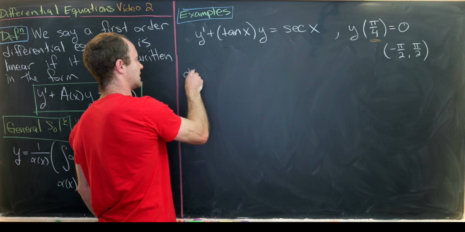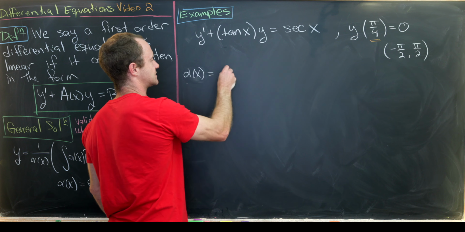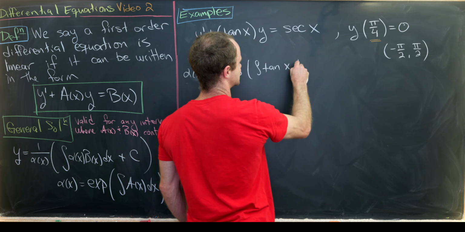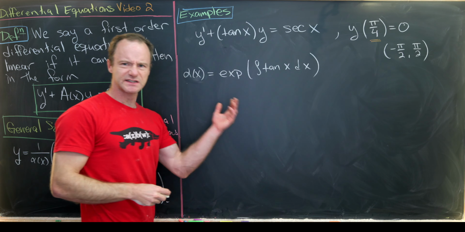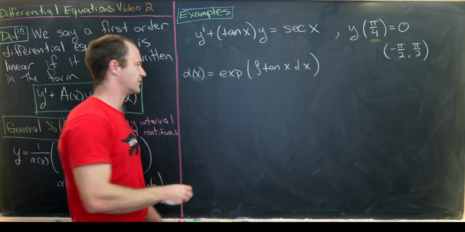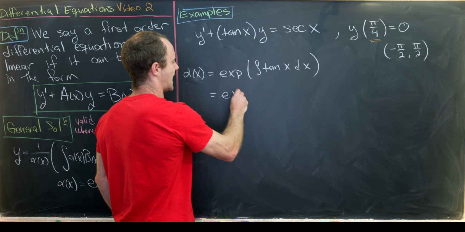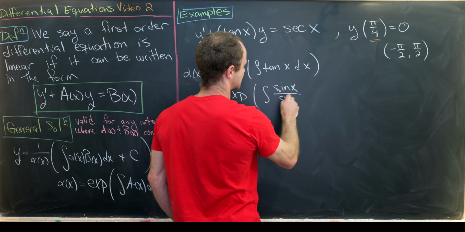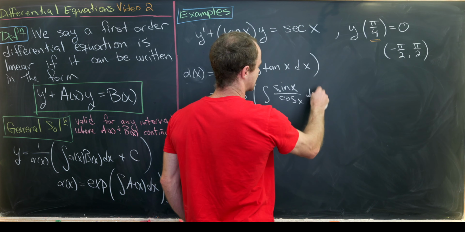Okay, so we first need our integrating factor, alpha of x. So that's going to be exp, and then the antiderivative of the tangent of x dx. Let's do this out just so that we have a little bit of practice. So this is going to be the exp of the antiderivative of the sine of x over the cosine of x dx.